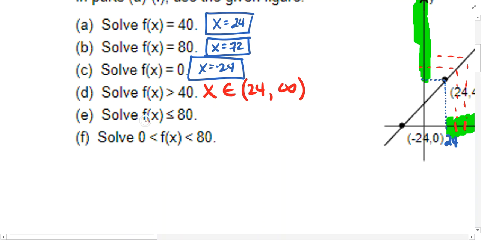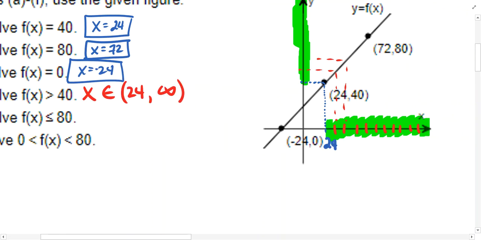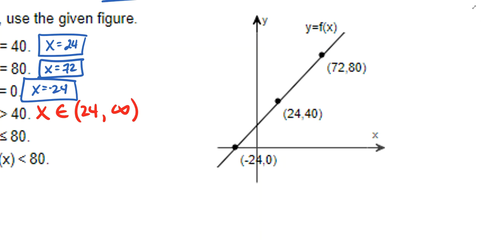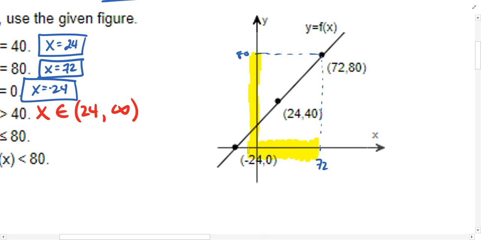In part E, we're now being asked to solve f of x less than or equal to 80. So if I clear my marks here, again, a y value that's equal to 80 will occur right here when x is equal to 72. But if we want the y values that are less than 80, we want the y values below 80, those y values are all associated with these x values that are less than 72.